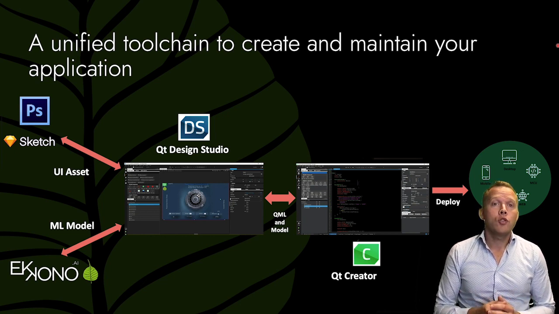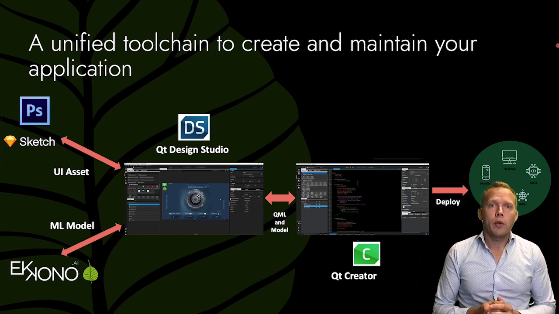In this way, UI and UX engineers can do their work inside the design studio and then pass the code to the developers who can continue the work in Qt Creator to provide logic and integration code in the backend using C++. When ready, the whole application can be deployed across platforms on anything from desktops to MCUs, which is really great when you're working with IoT devices.